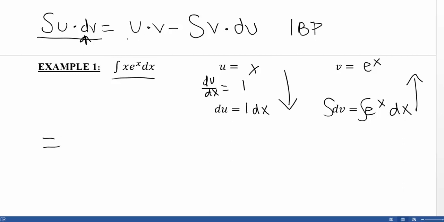Now we need to plug this into our formula to get our answer. Our formula says u times v, so x times e to the x, minus the integral of v times du. So e to the x times 1 dx, and anything times 1 is itself.